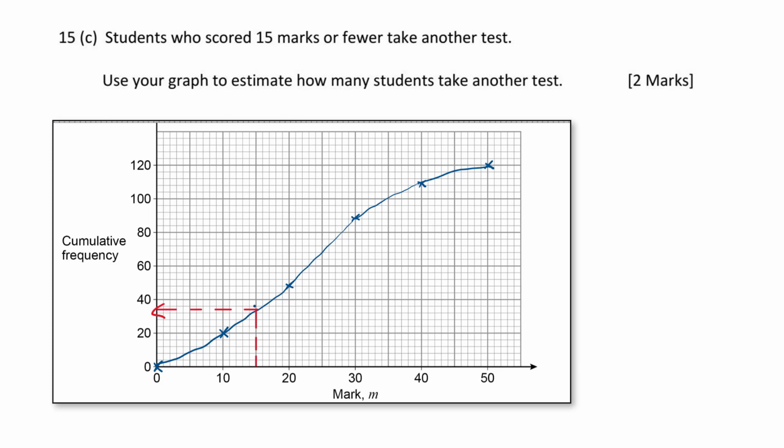So I'm going to read that as 34. I'm going to go for 34. Okay, now you'll get a little bit of leeway, you know, anything between like 33 and 35 I think would be acceptable there. Okay, let's move on.